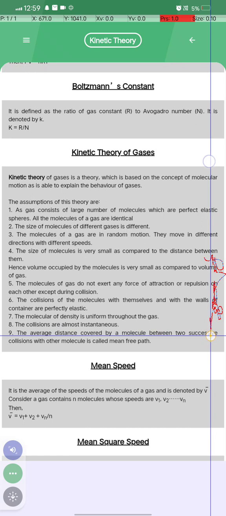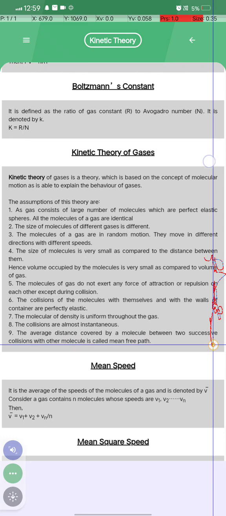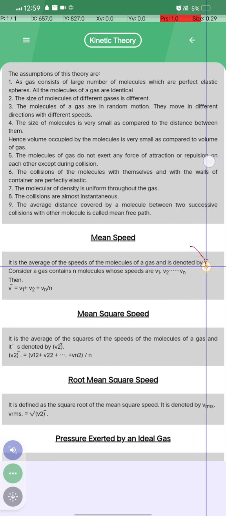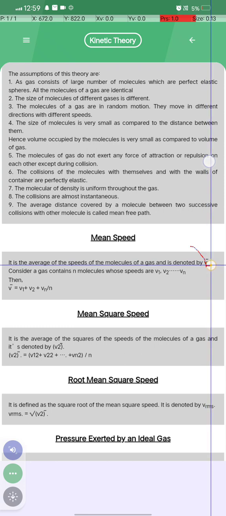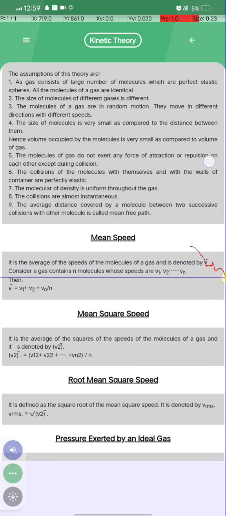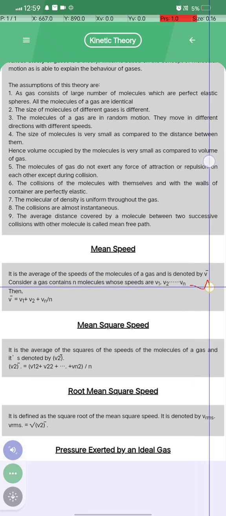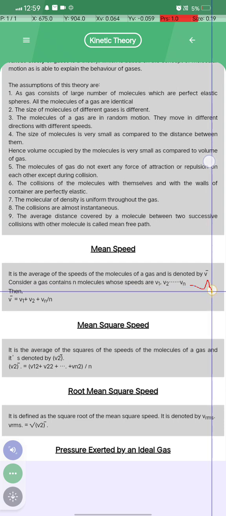The average distance covered by a molecule between two successive collisions with other molecules is called the mean free path. Mean speed is the average of the speeds of the molecules of a gas, and it is denoted by v bar. Consider a gas containing n molecules with speeds v1, v2, up to vn.